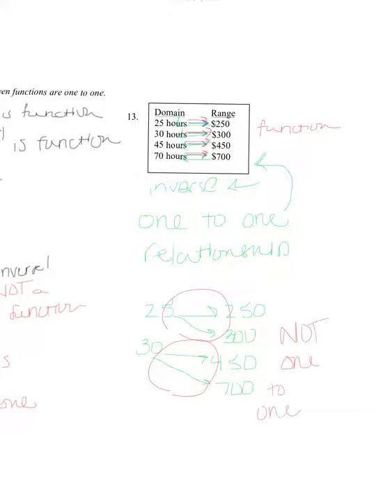And again, that has nothing to do with our problem. That's just an illustration of what it would look like if it was not 1 to 1. Okay, but our function is 1 to 1. Yay!